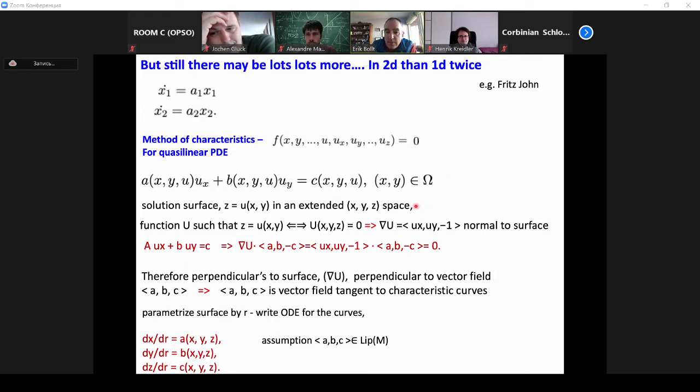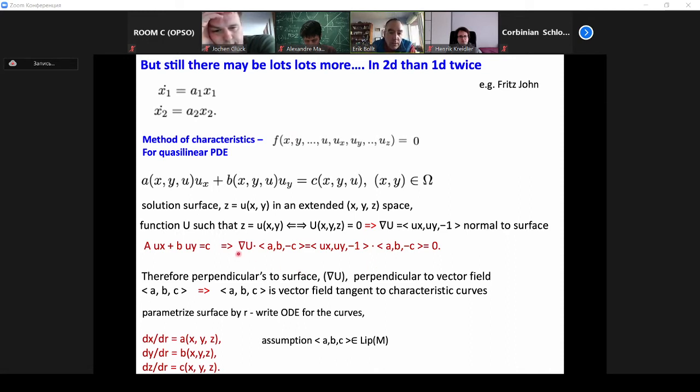The method of characteristics is standard material in PDE theory, but it goes like this. You can think of this PDE as being written as a dot product, where A, B, and C are like a vector, and the u_x, u_y, and the remaining term form a grad u. When you say this PDE looks like grad u dot (A, B, C) equals 0, you're telling me they're orthogonal.